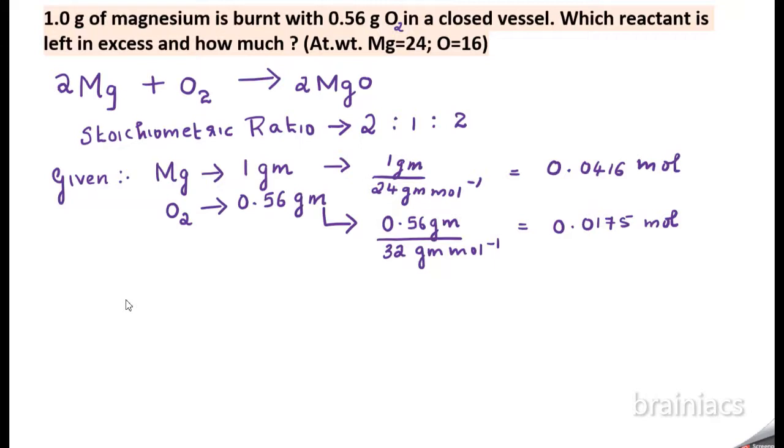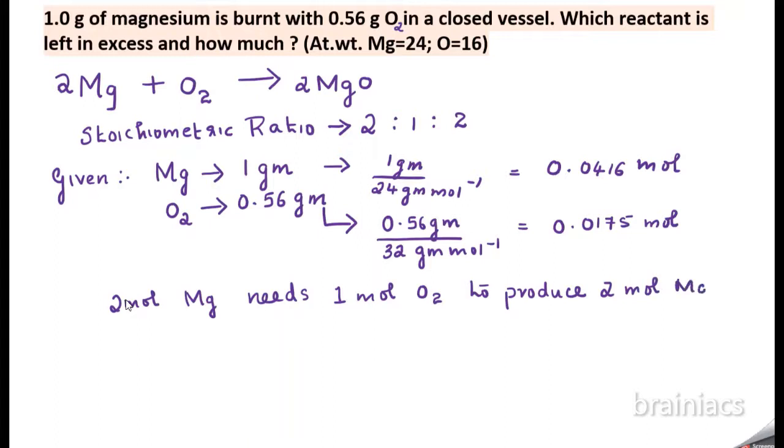I know that as per stoichiometry, 2 mole magnesium needs 1 mole oxygen O2 to produce 2 mole magnesium oxide, correct.